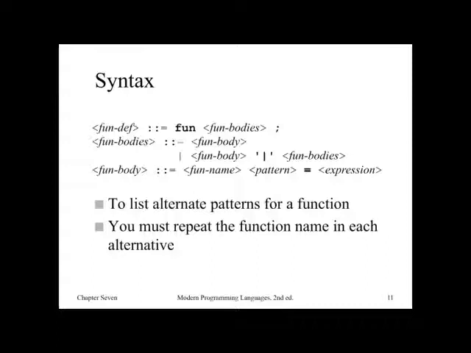Fun bodies is basically either nothing or a fun body, and then if there's a fun body, then the vertical or followed by fun bodies, which again can be something or nothing. Then fun body is defined as a function name, then a pattern, equals, and then some expression. I don't know if that's helpful to you, but that's the syntax as we would define it.